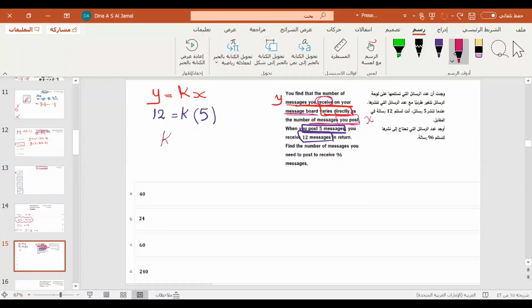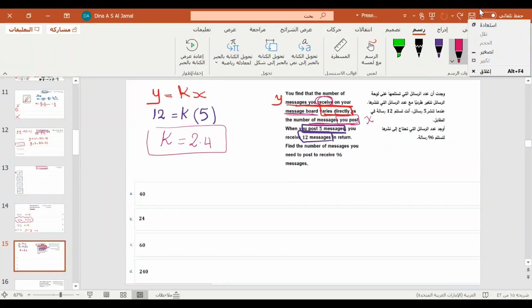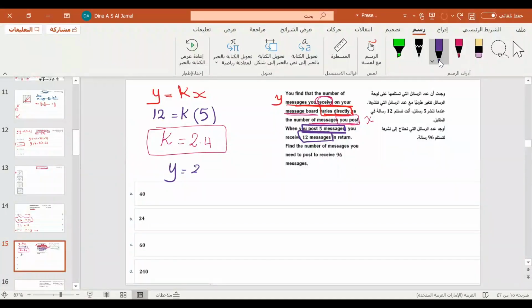So your k, it's all about 2.4. So in this case, your k, again, it's all about 2.4. Great. Now, you have to return back and write the relationship 2.4x and read the question.